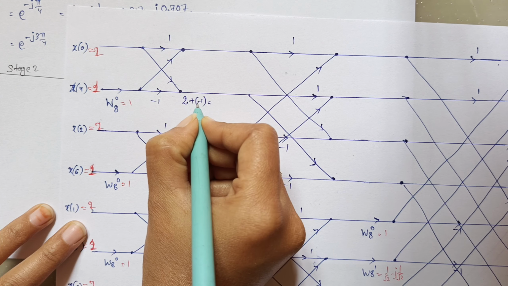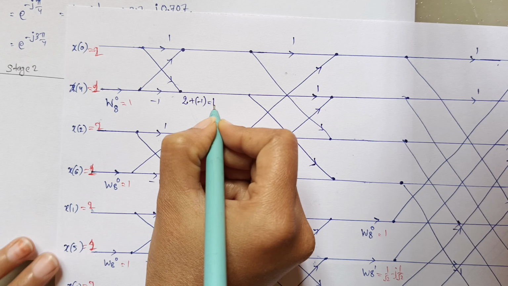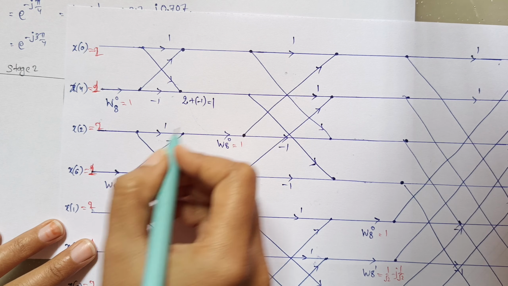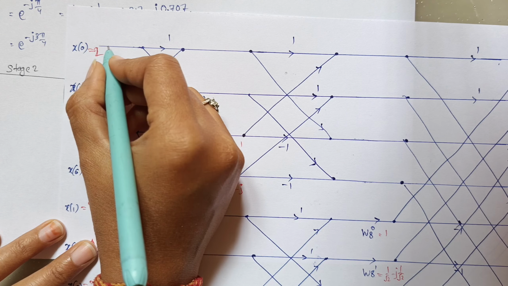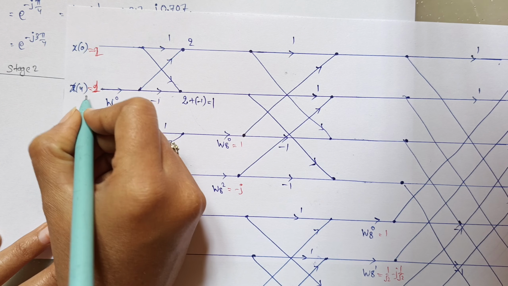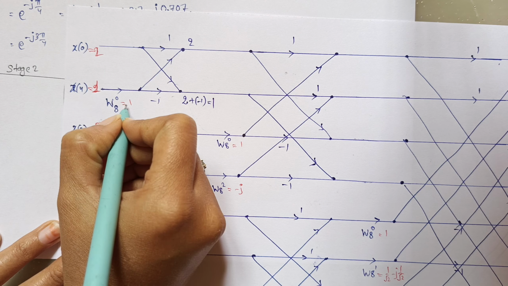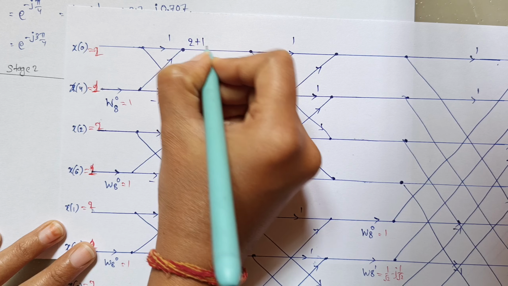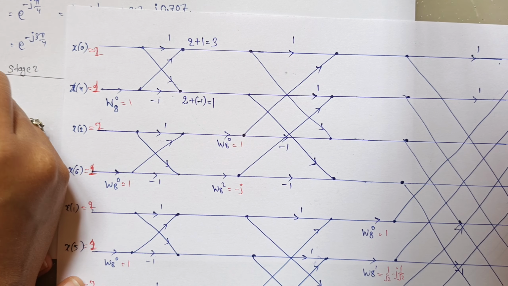Equal to 2 minus 1 equal to 1. So the final value on this second index we got is 1. And here again we will take 2 and into 1. So we got 2. And from here we will take 1 into 1 and it will go like this. So plus 1 we got equal to 3.